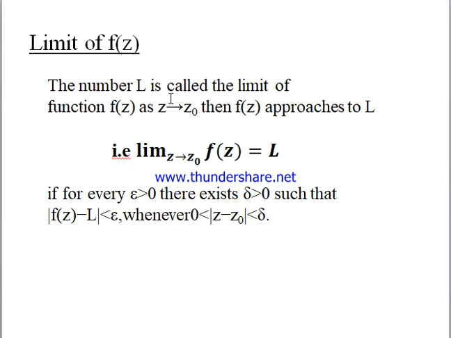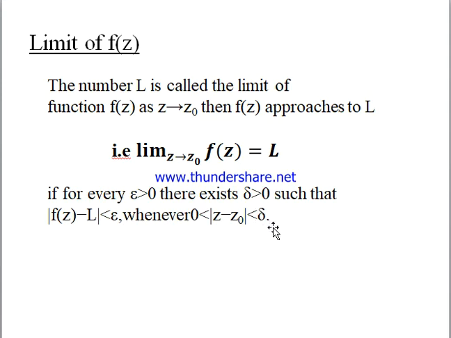So that's why here the limit of f(z): the number L is called the limit of the function f(z) as z tends to z0, then f(z) approaches L. That is, limit z tends to z0 f(z) = L is the symbolic form of the limit function, if for epsilon greater than 0 there exists delta greater than 0 such that modulus of f(z) − L is less than epsilon, whenever 0 < |z − z0| < delta.